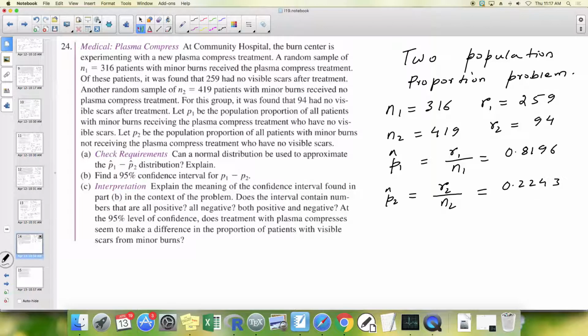All right. So is it a chapter 7 problem or chapter 8 problem? It is a chapter 7 problem because they want you to find a 95% confidence interval for P1 minus P2. So first order of business, find the point estimate.